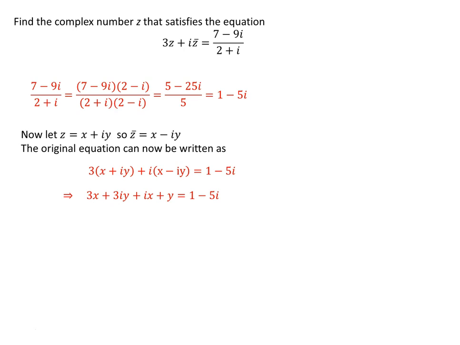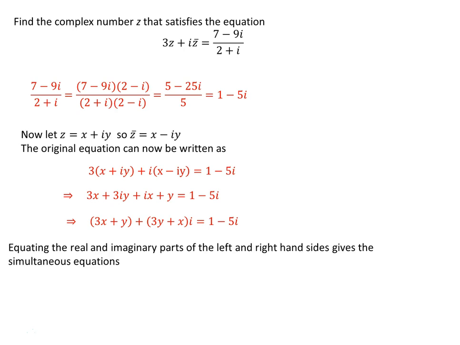And that lot on the left-hand side has still got to equal 1 minus 5i. Collect together the real terms and the imaginary terms on the left-hand side. So the real term on the left-hand side is 3x plus y, and the imaginary terms are 3y plus x. So we've got (3x plus y) plus (3y plus x) lots of i must equal 1 minus 5i.